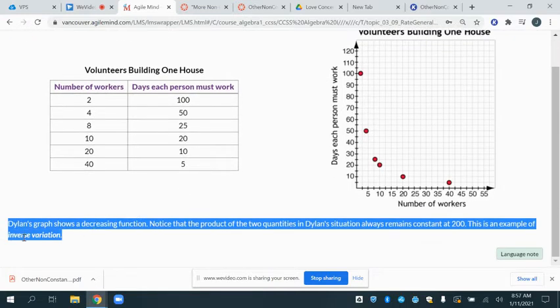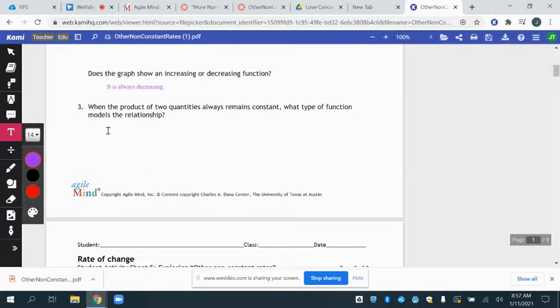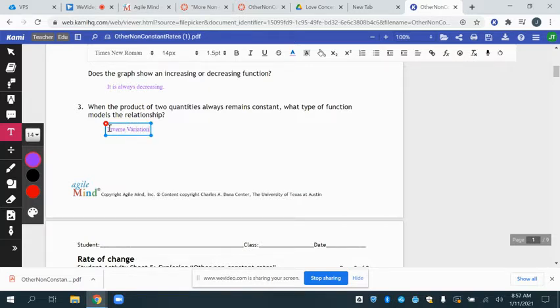This is called inverse variation. Now, we learned direct variation in the past. So, inverse variation, I might as well write it: when x times y equals something.